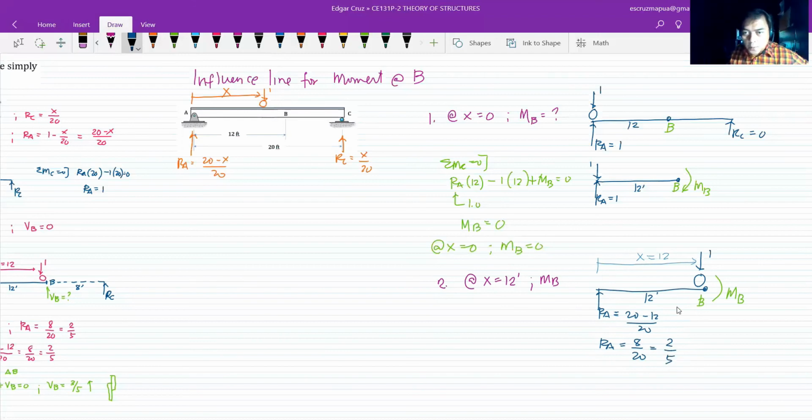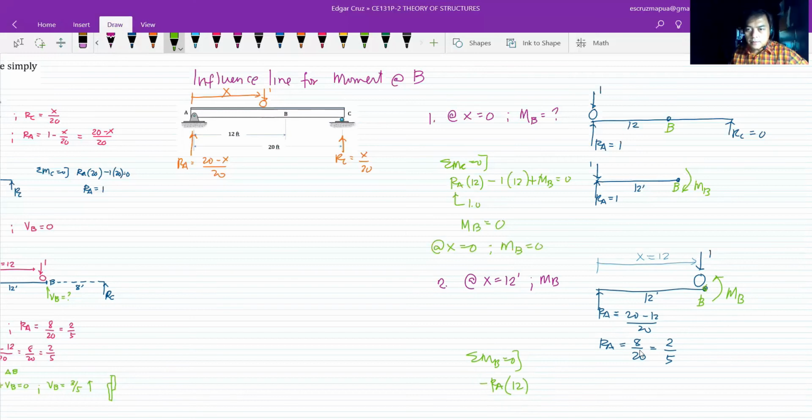Okay? So if I sum moment at B equal to 0, okay. Pag ganon. So malamang yung MB ko dapat pag ganito, counterclockwise, no? So yan yung MB ko counterclockwise. So if I summation moment at B, that would be RA times 12. Okay, nagtitake ako moment dito, no? RA times 12, that's counterclockwise.